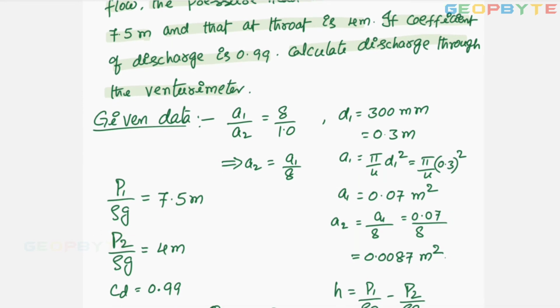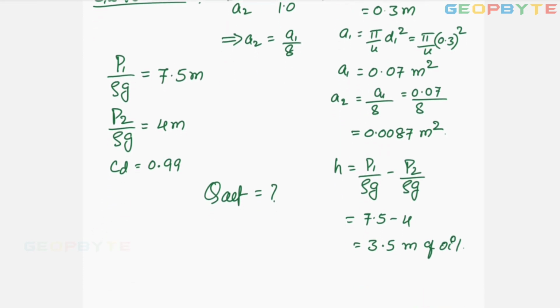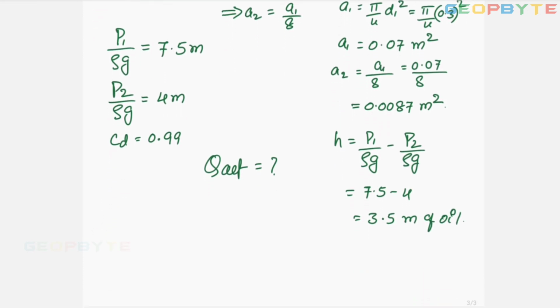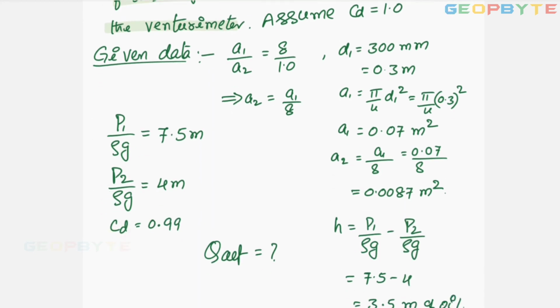Let me verify the problem. Coefficient of discharge is not given. Assume coefficient of discharge is 1. If not given, assume, let me write it. Assume coefficient of discharge is 1. If not given, you assume like that.